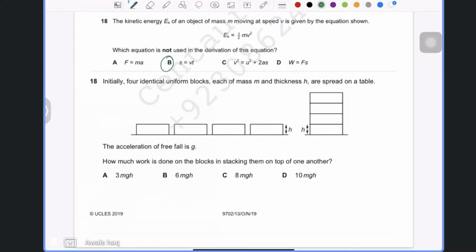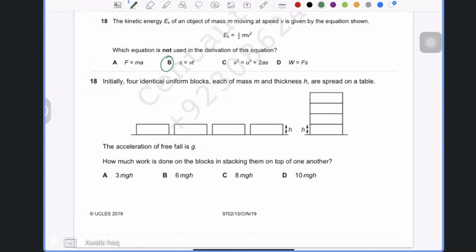The acceleration of free fall is g. How much work is done on the blocks when stacking them on top of one another? Okay, so this is the question. Just look at it and see what you expect.